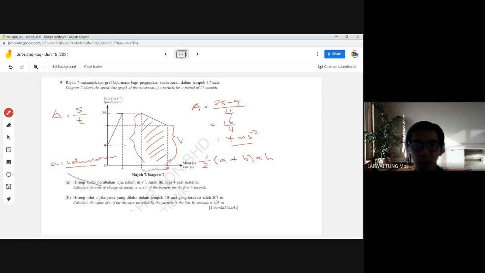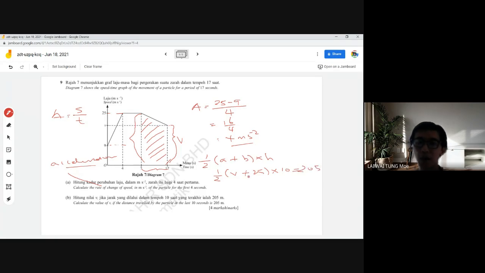This is the height of your trapezium, 70 minus 60 is 10. So I substitute all the values inside. This one should be your V, and your B should be 25, times your height, which is 10. And the distance travelled should be equal to 205.